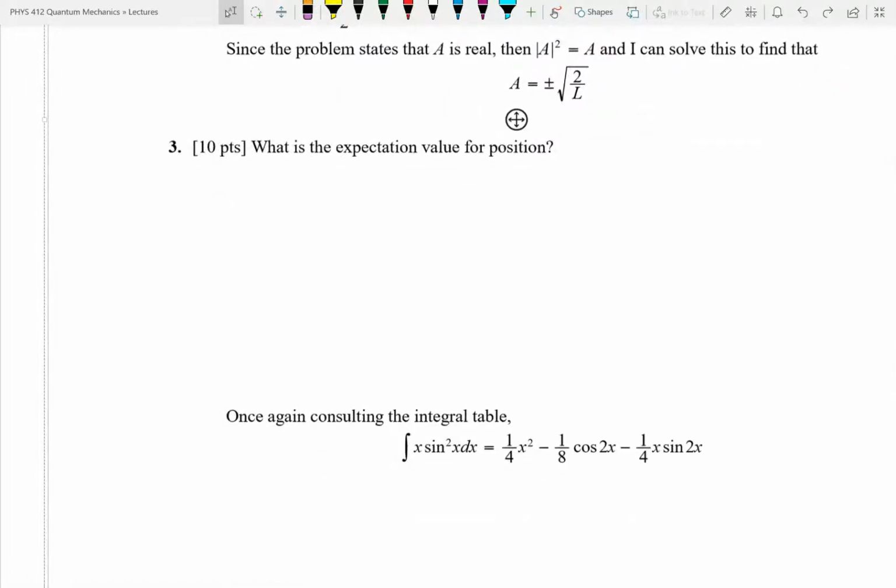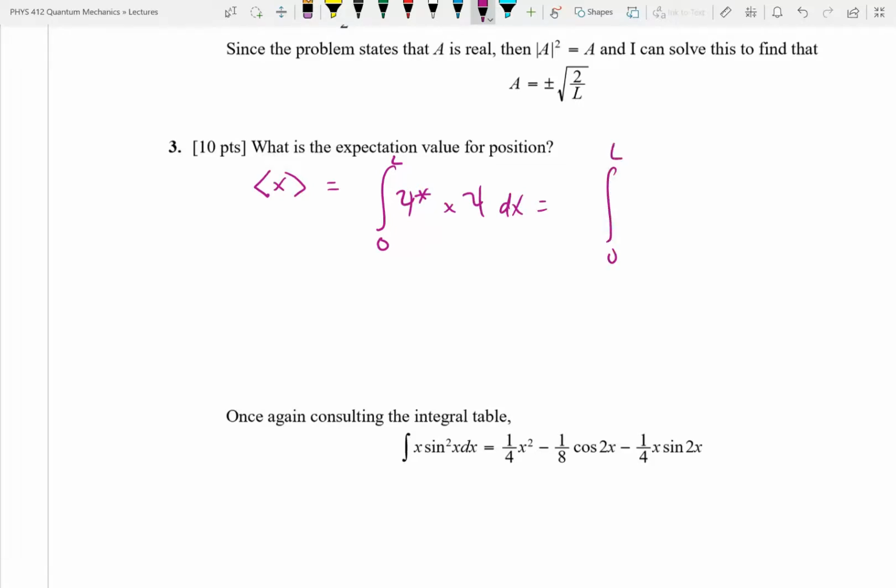So how do I find the expectation value for position? Integral from what limits, Chris? Yeah, 0 to L. x, psi, x, psi.